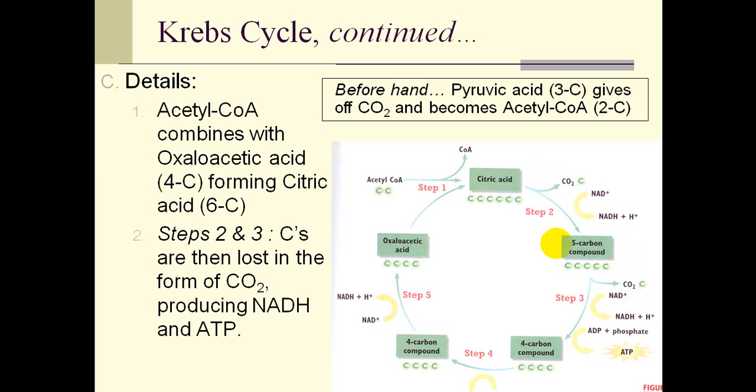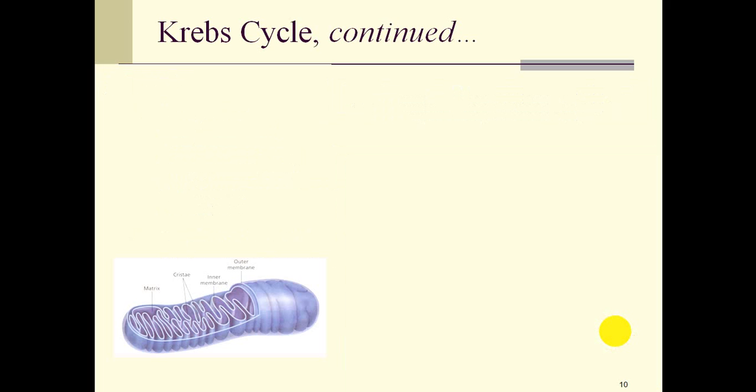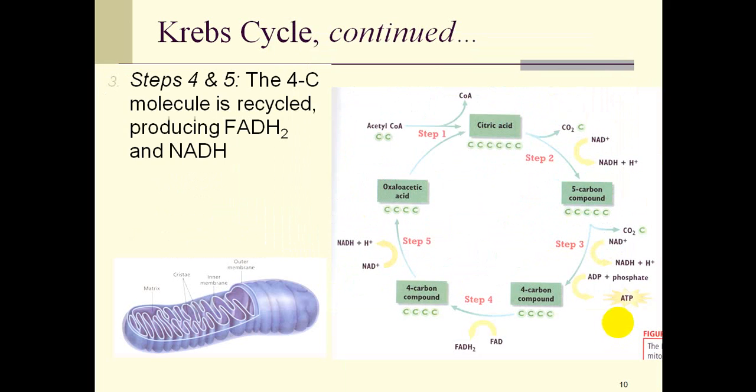Also, what we produce in steps 2 and 3 is some NADH here and here. Now those are going to be important later on. They serve the same purpose as NADPH as we talked about in photosynthesis. Next. Steps 4 and 5. So we're just going to go right through these guys right over here.